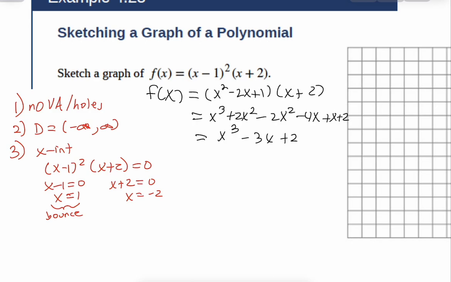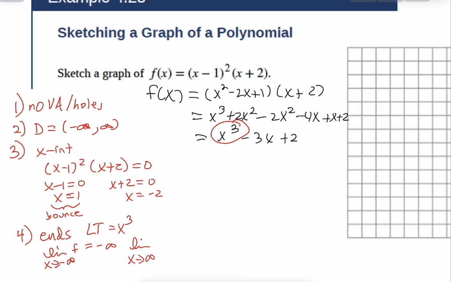So now we are ready to talk about the end behavior. Well, the lead term is x cubed. So we know that our limit as x goes to negative infinity of our function, our left end, is going down, and our right end is going up.